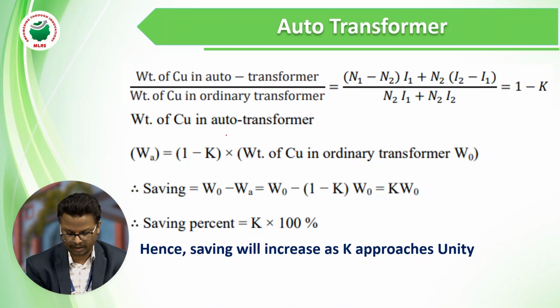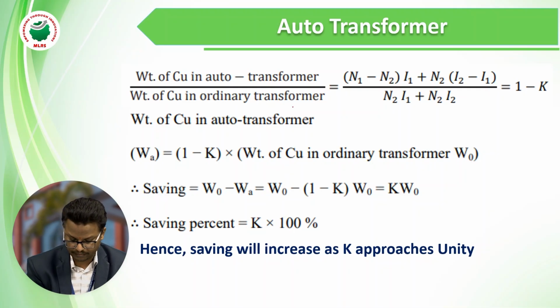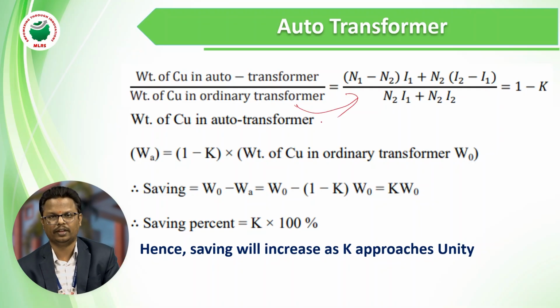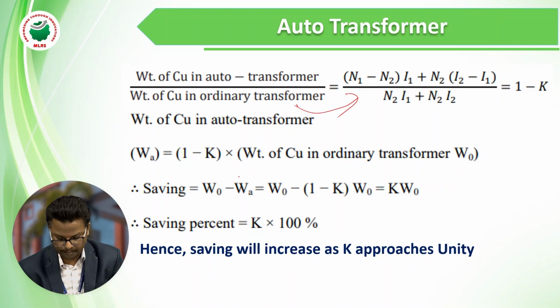So the weight of copper in the auto transformer, WA, is equal to (1 minus K) into the weight of copper in the ordinary transformer, W naught. We are just sending this to the right hand side so that it is multiplied with 1 minus K. Here W naught is nothing but the weight of the ordinary transformer, and WA is the auto transformer.